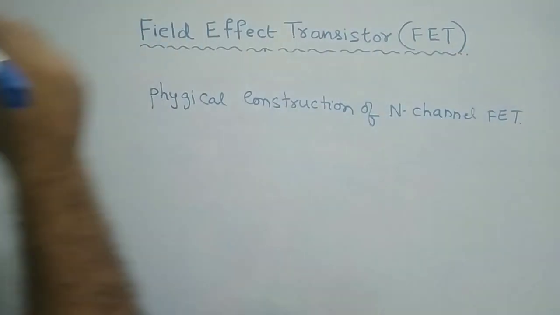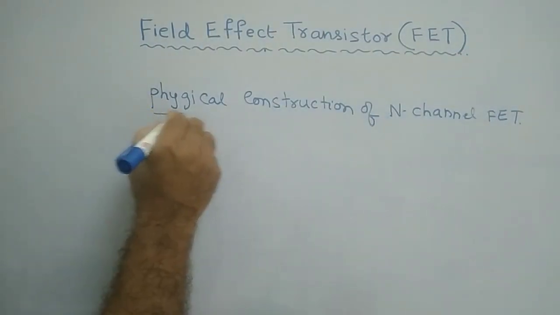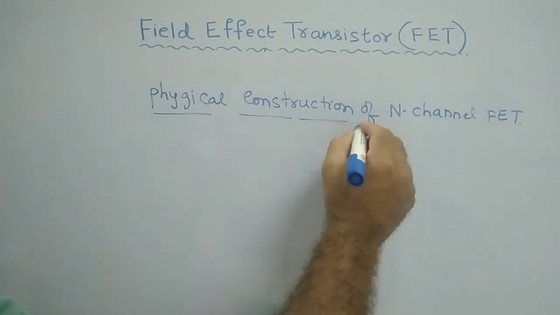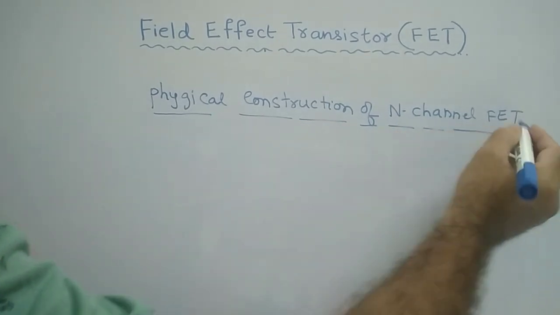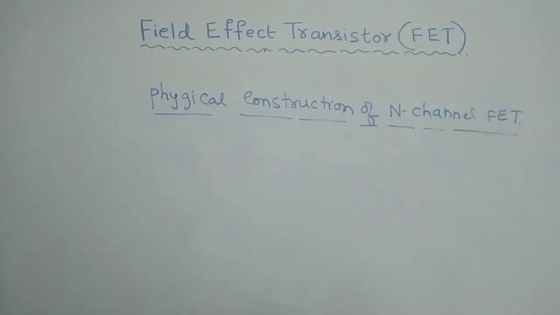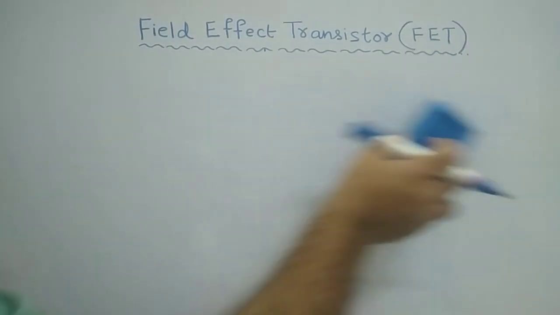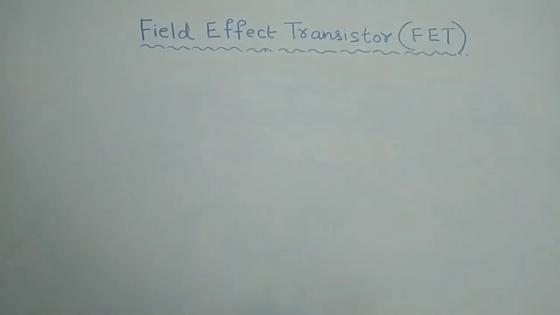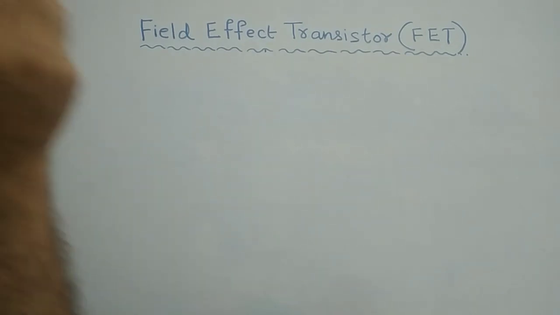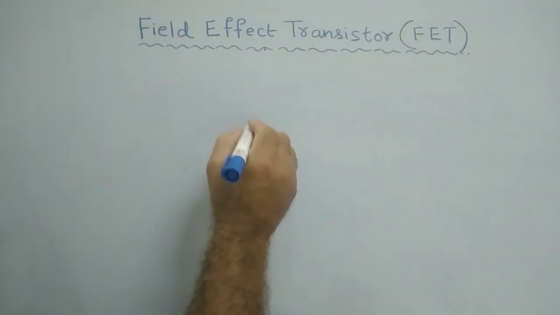How can we represent the physical construction of an n channel FET? Let us see, I will explain the diagram.